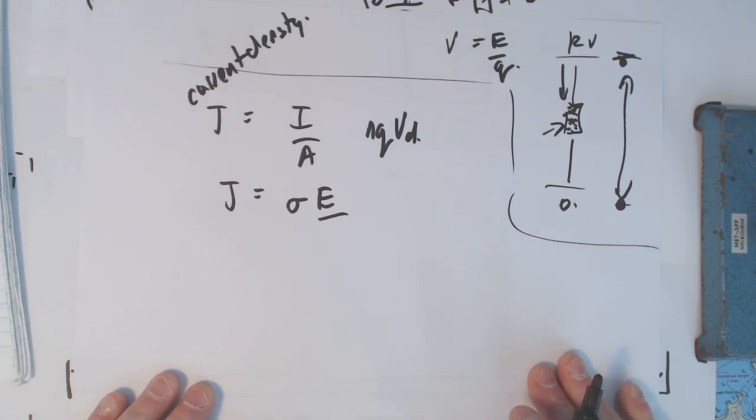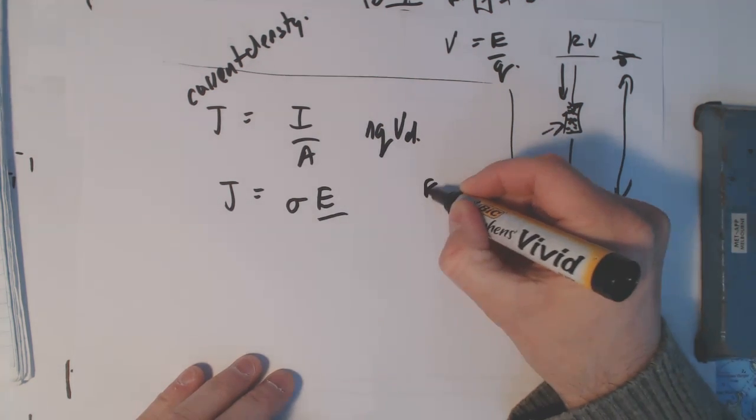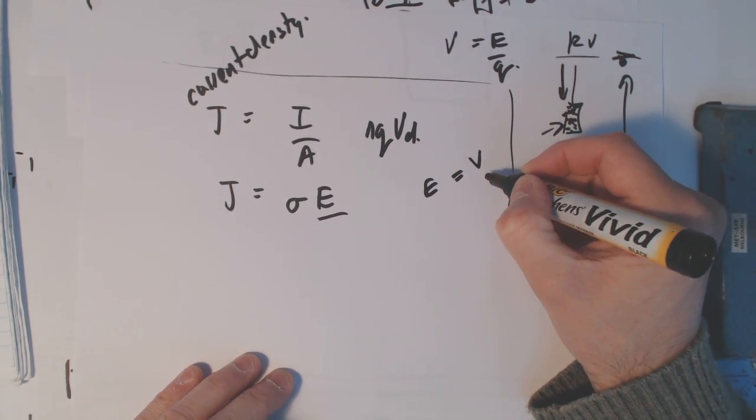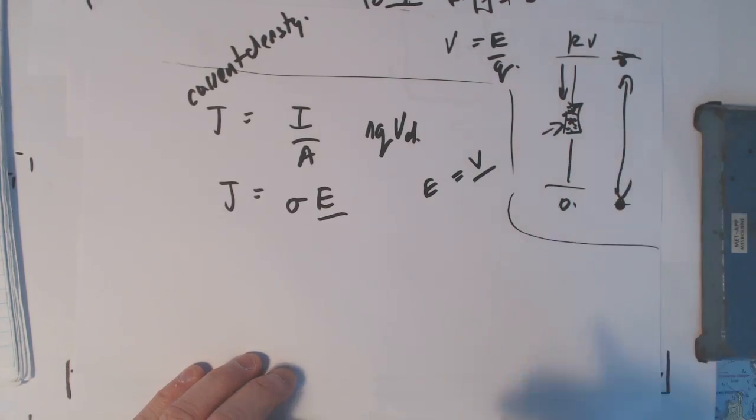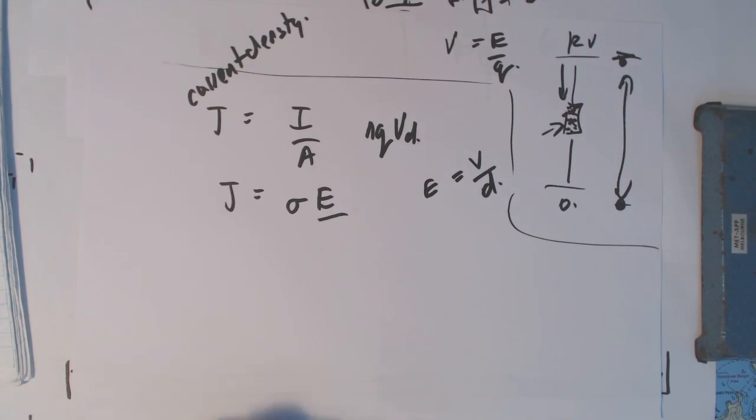But first let's remember something about the E. Do we need to do a substitution for the E? I think we do. Remember, V equals Ed, so E equals volts per meter.